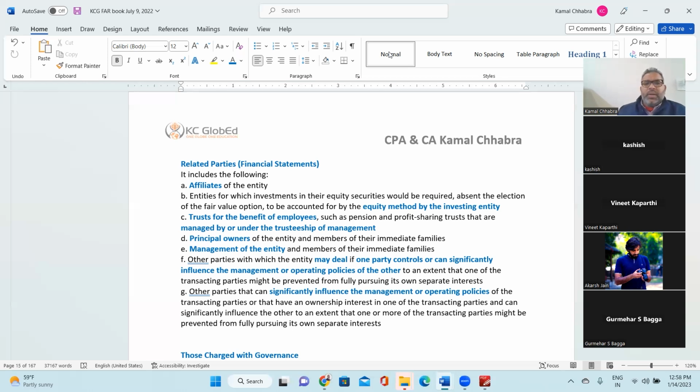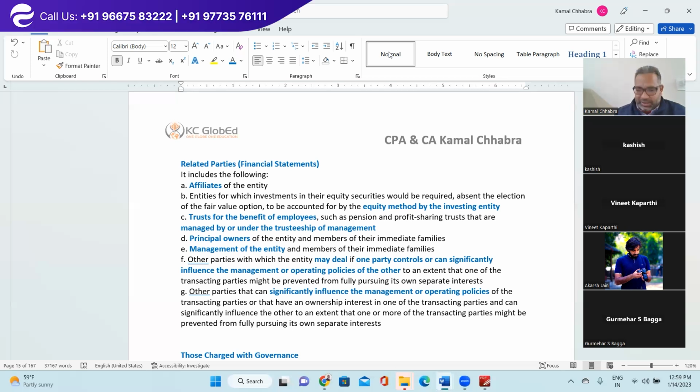The next one is trusts for the benefit of employees, such as pension trust, profit sharing trust, that are managed by or under the trusteeship of management. So where management is the trustee of the trust in which the employee pension scheme or any other profit sharing benefits or long-term employment benefits are being managed, that trust is also called a related party if it comes under the same management.